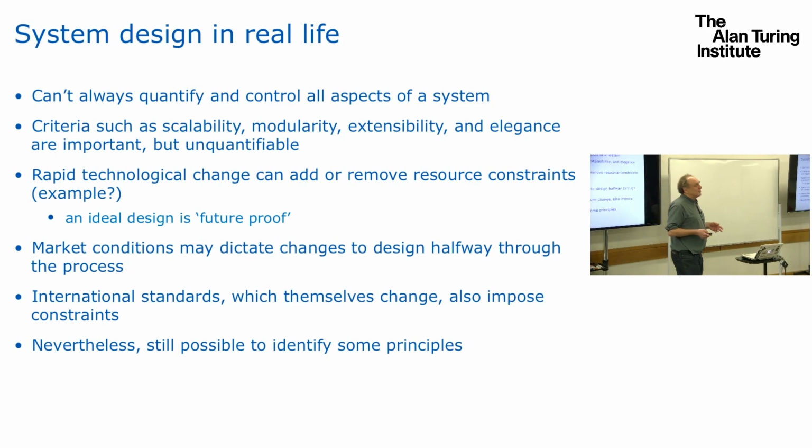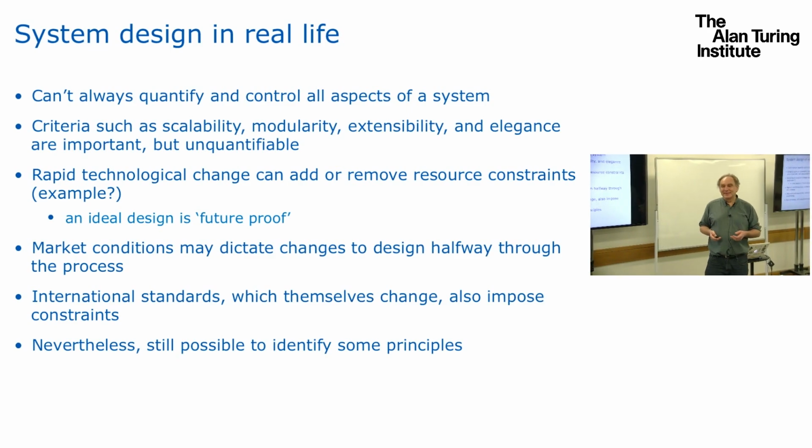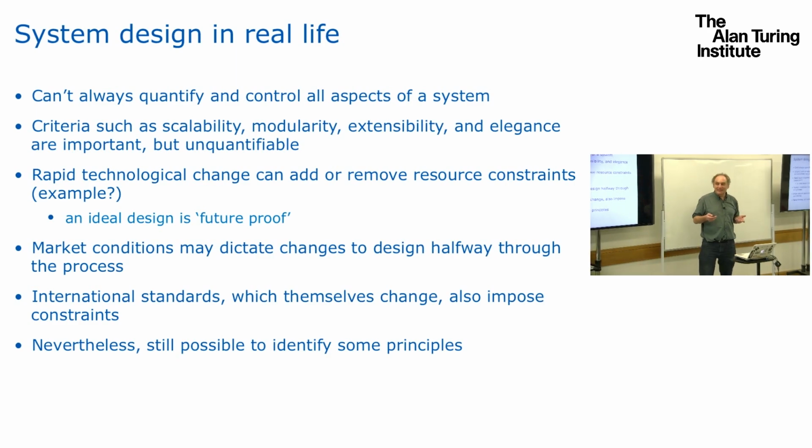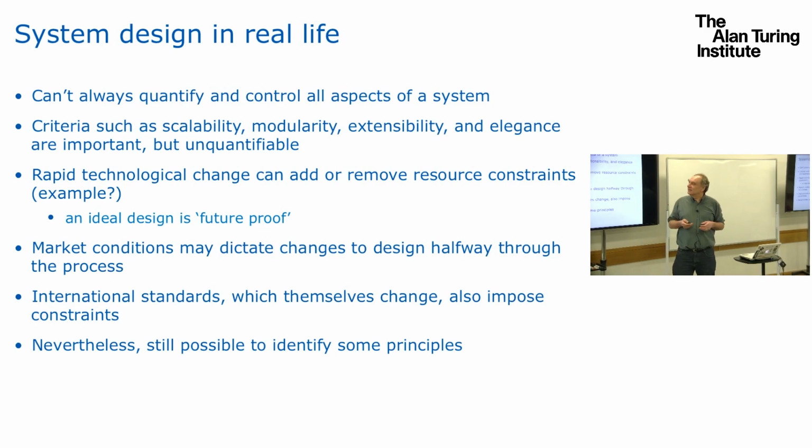Of course, you can't always quantify everything, and this is part of the system design art, because you need to make guesstimates, or you need to have some idea about what you would like to happen. So there are a whole bunch of, some people call these the illities of system design: scalability, modularity, extensibility, even elegance.